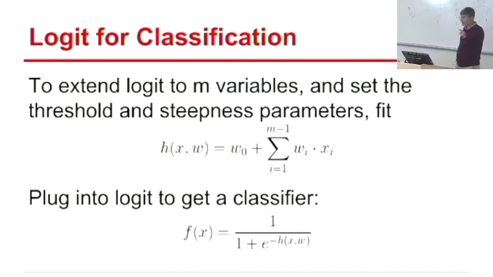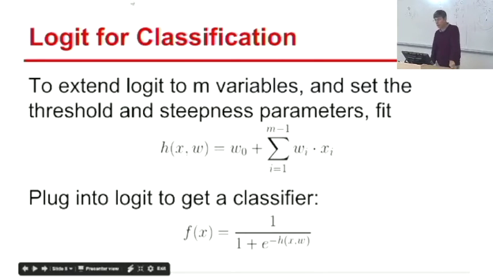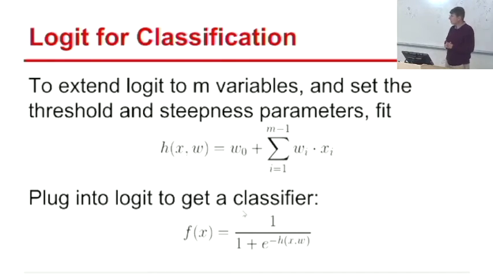So the place where the regression is going to come in is we want to take a bunch of points and fit these parameters w so that we have a linear function of the variables, such that when we feed the result of that to our Logit function, it's going to always return a value between 0 and 1.